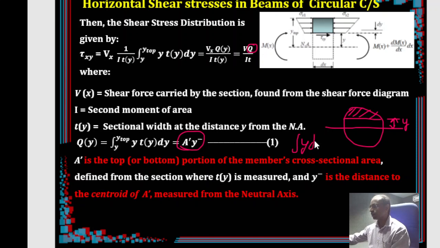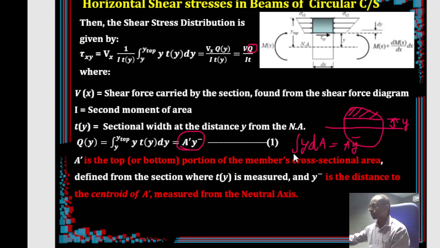Integral y dA is another form of the first moment of area. You can express it either as A y bar or as integral y dA. It is easier here to use the integral, because calculating the area of the irregular portion and its centroid is somewhat difficult. It can be found, but it is difficult.